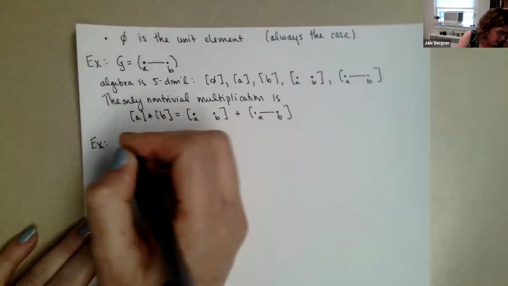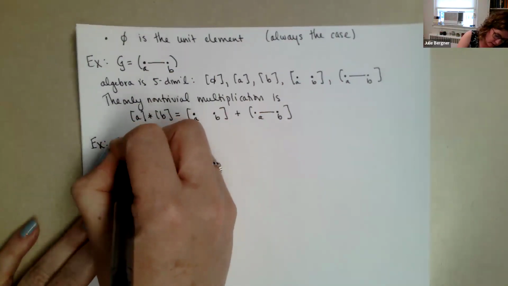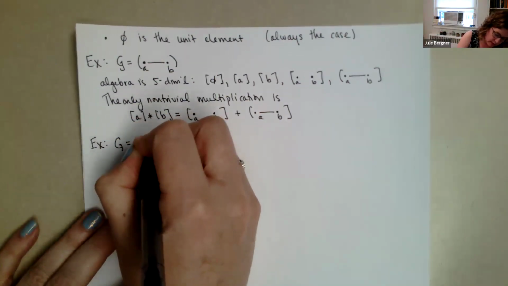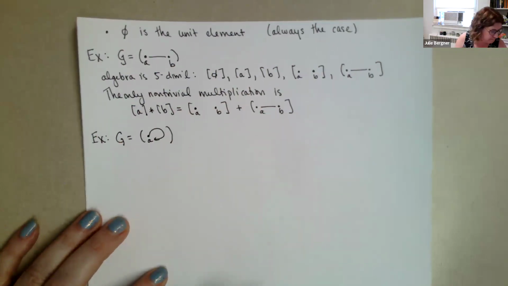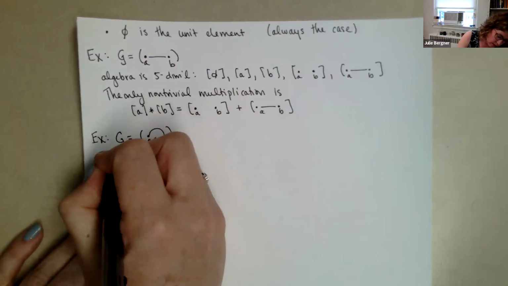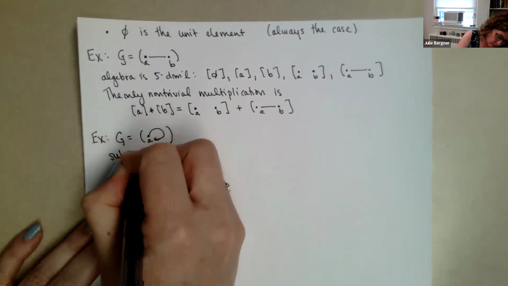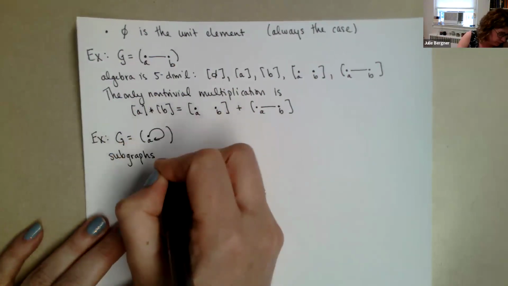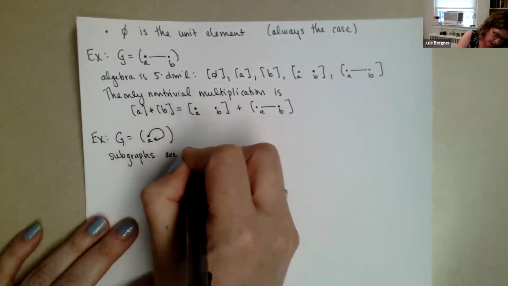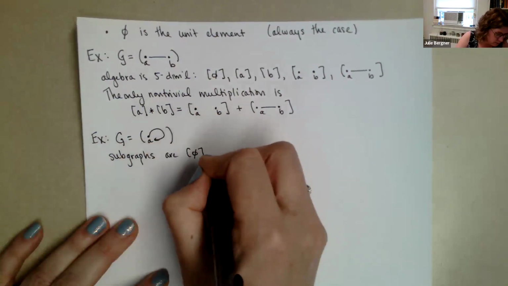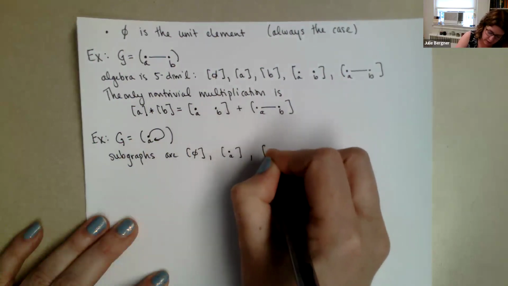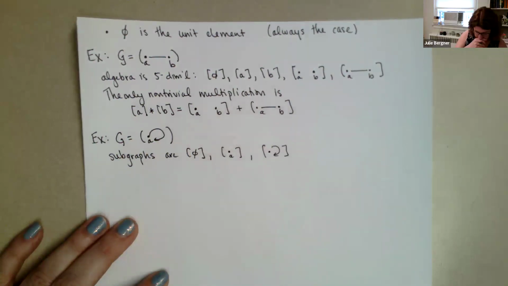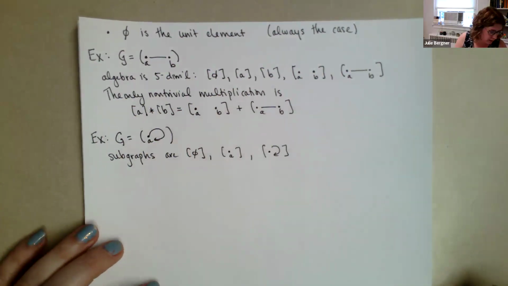So just to see what other kinds of things could happen, another baby example: let me take a loop on a single vertex A. Now there are only 3 subgraphs: the empty one, just the vertex A, and then the whole graph, so we have the loop as well.